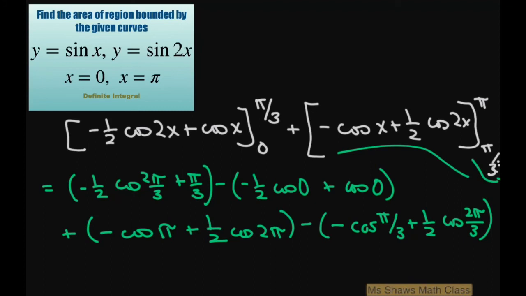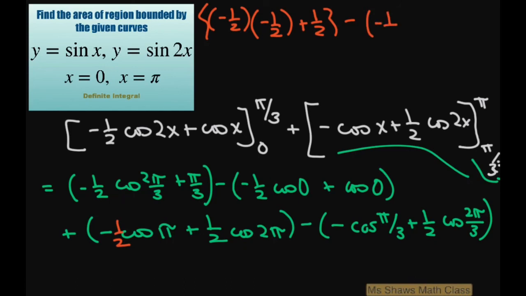This should have been a negative 1/2 here. So we get negative 1/2 times negative 1/2 plus 1/2 for the first part. Then minus negative 1/2 plus 1.